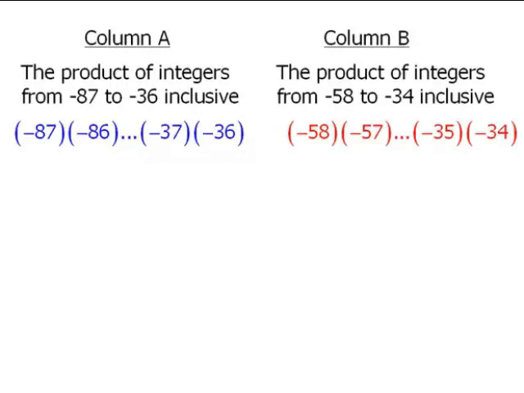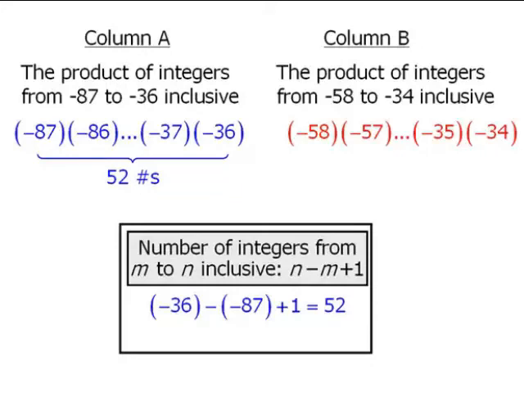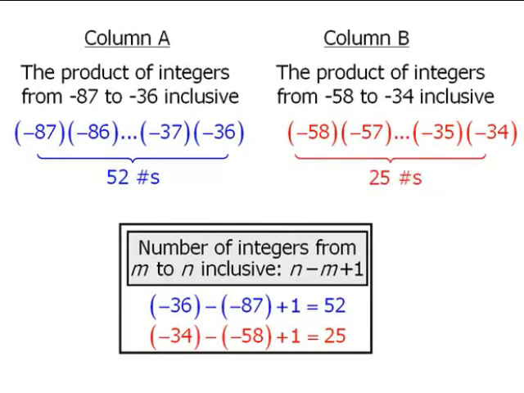To determine this, we'll use the following rule. It tells us how many integers there are from m to n inclusive. So for column A, we'll plug in negative 36 and negative 87 to see that we have 52 numbers altogether. Similarly, for column B, we'll plug in negative 34 and negative 58 to see that we have 25 numbers altogether.